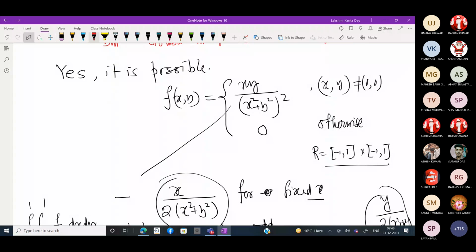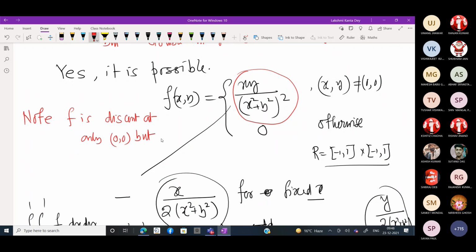Now, if we look at this function, whenever x and y are not equal to 0, the function f is discontinuous only at 0 comma 0, but it is unbounded near the origin.